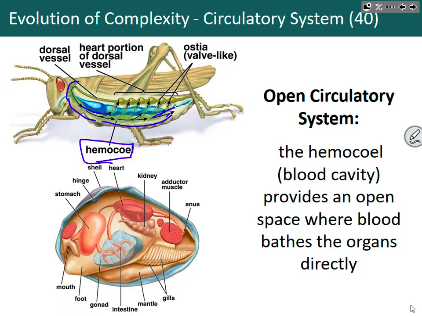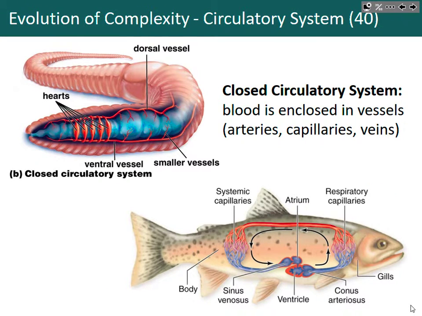You can see all of the organs, the stomach, the heart. Down here we have the intestine. And then in blue here, around the intestine, we have that hemocoel, that open space with fluid in it. Okay. You can compare that to what you're maybe more familiar with in your own bodies, a closed circulatory system, right? In a closed circulatory system, the blood never freely pools around the organs or in open spaces.